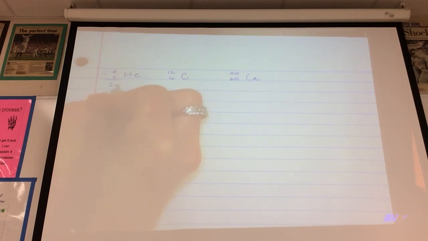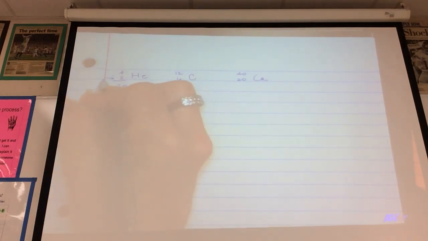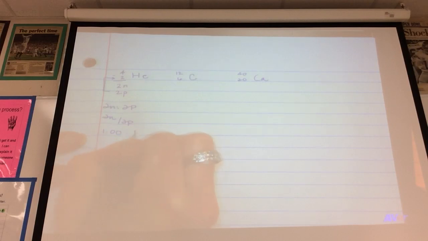So you have 2 neutrons, and 2 is the atomic number, which is also equal to the number of protons. So you have 2 neutrons to 2 protons, for a 1 to 1 ratio.